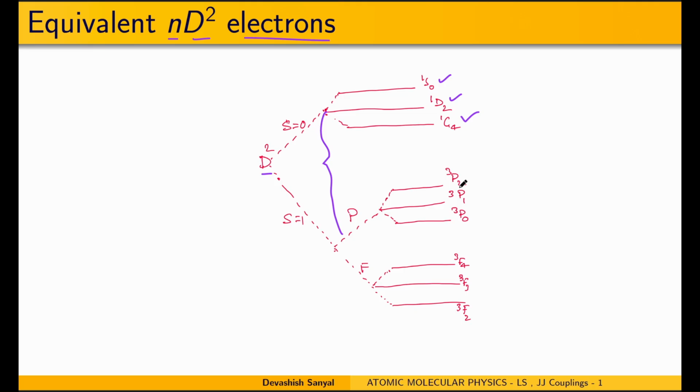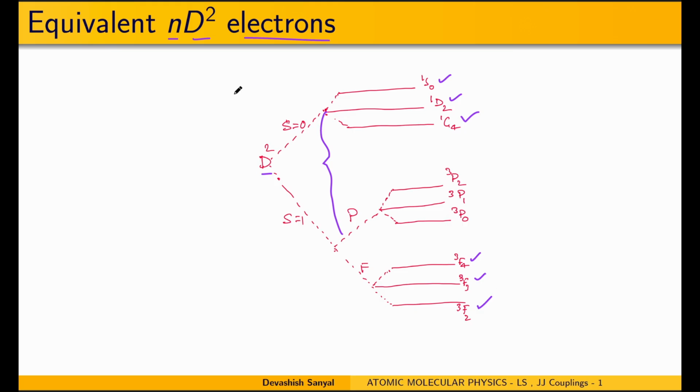So P is the orbital quantum number L equal to 1. Here it is S, D, and this is G, G4. And this is F. So this is 3P, 3F4, 3F3, and 3F2.